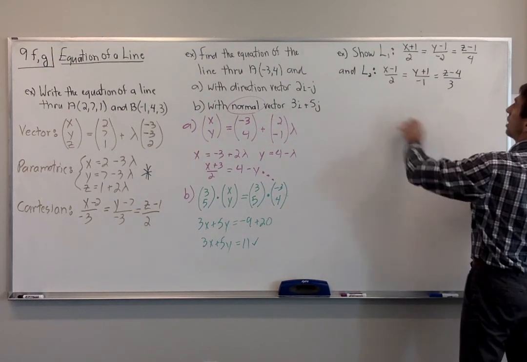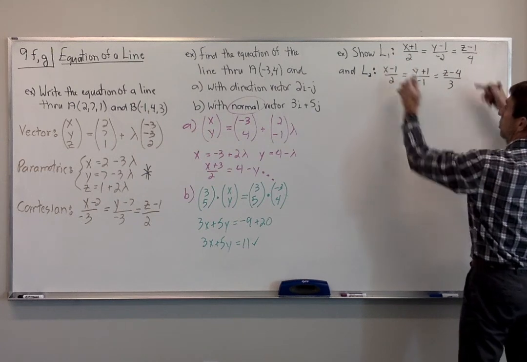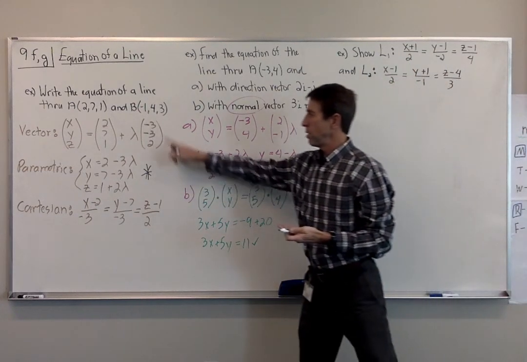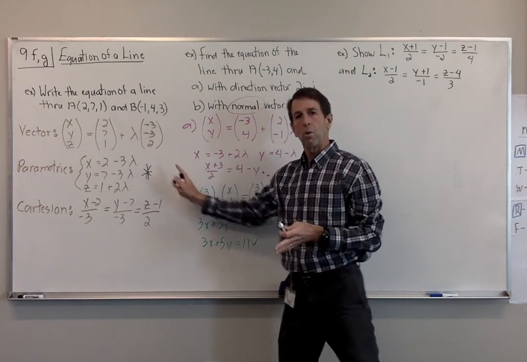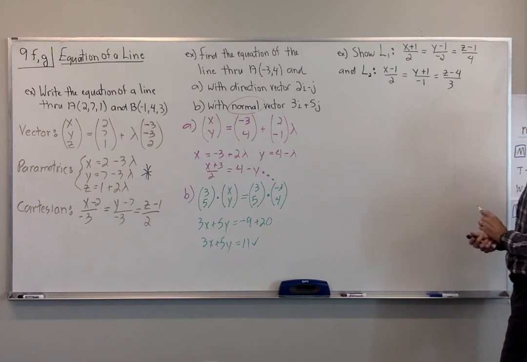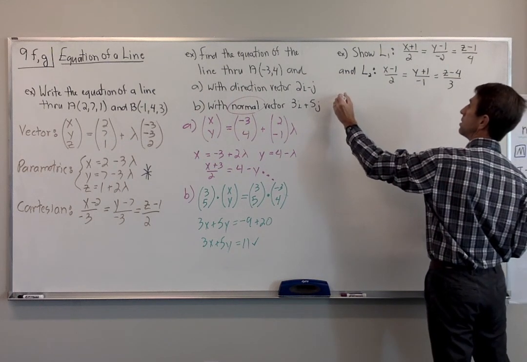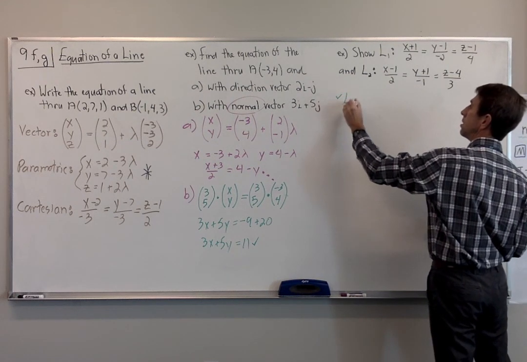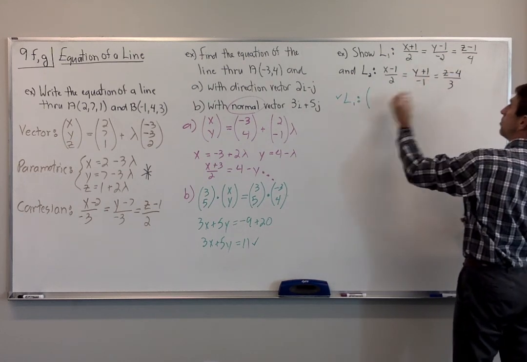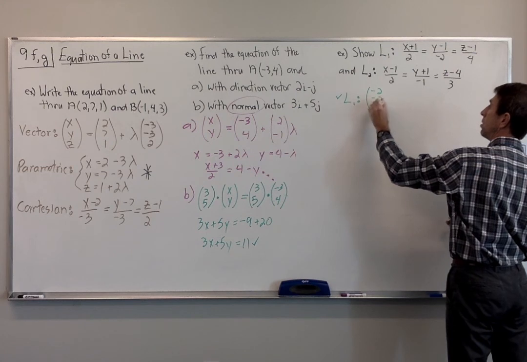If we look at these two lines, they're in that Cartesian form. Now we could switch them to any one of these other forms, but for now I'm not going to, because I know that this is basically the direction of line 1. So the direction of line 1 is going to be (2, -2, 4).